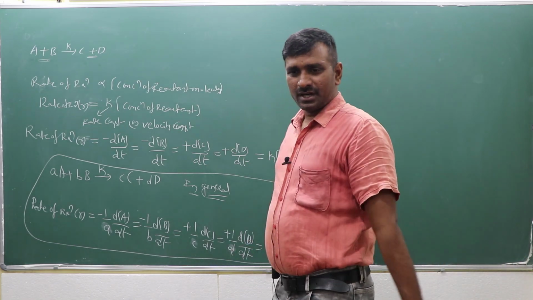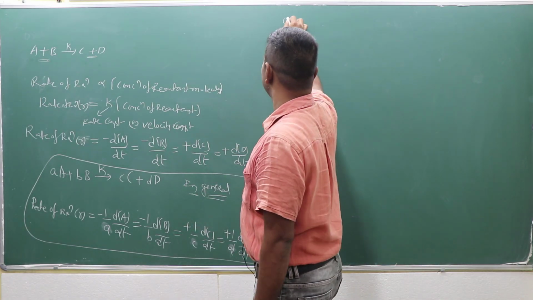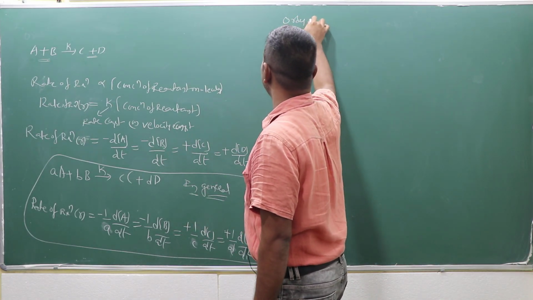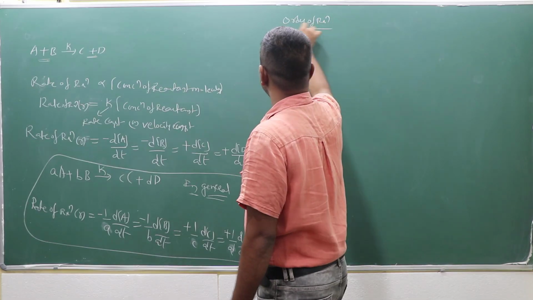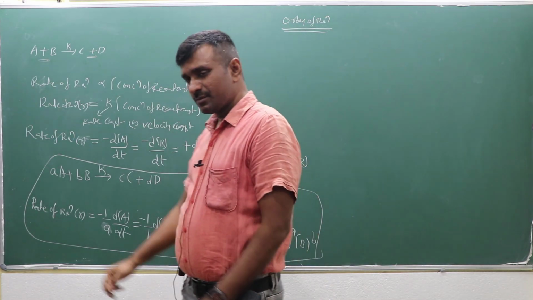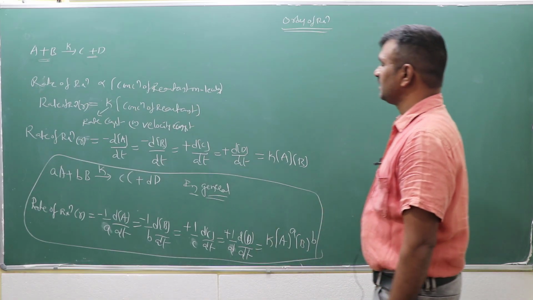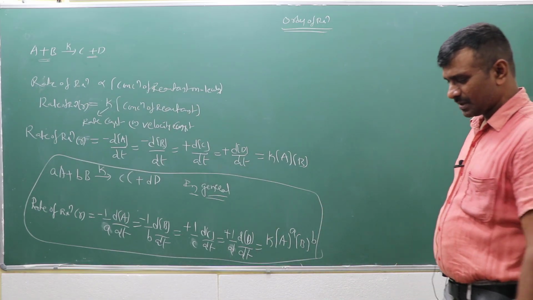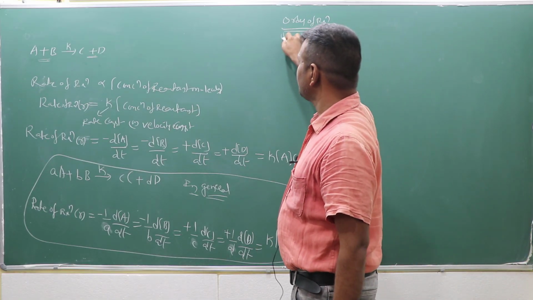Next, another important concept before going to the topics: order of the reaction. Some basic points, which you know very well. What is the order of reaction? How can you determine the order?